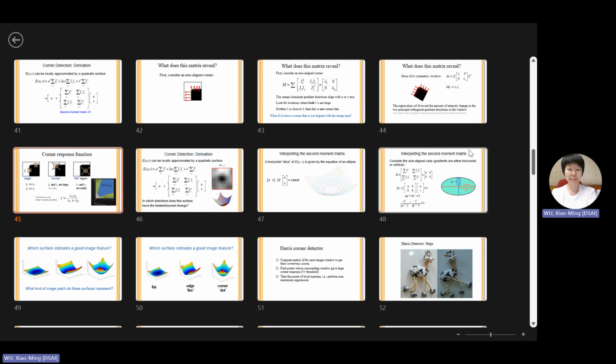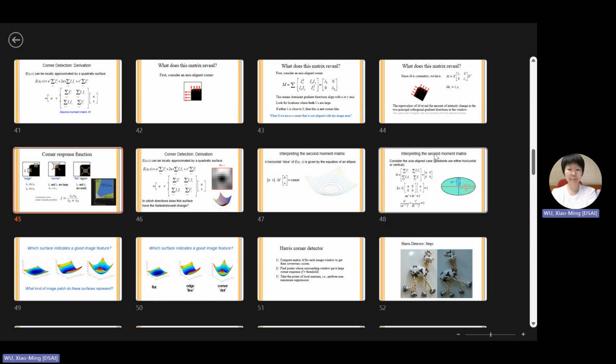All right, let's continue. So up until now, we have explained how to do edge detection and corner detection. You know, corners consist of two edges, right? So both edge detection and corner detection involve the use of image gradients.